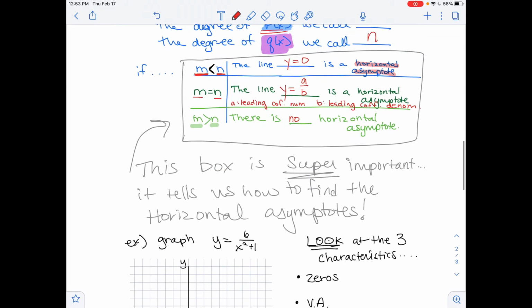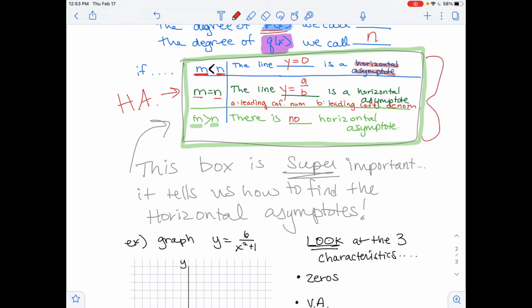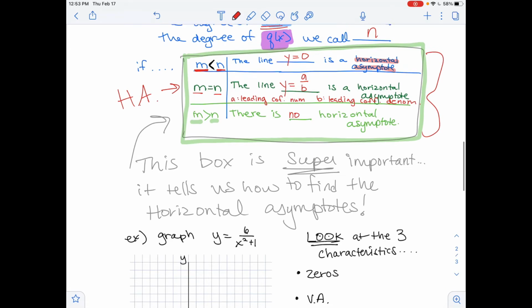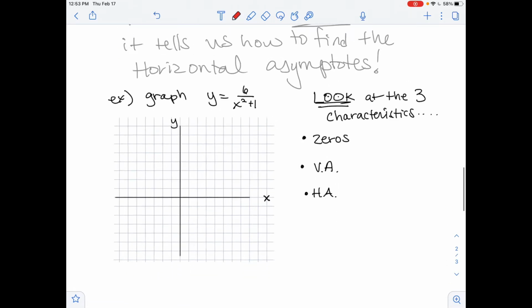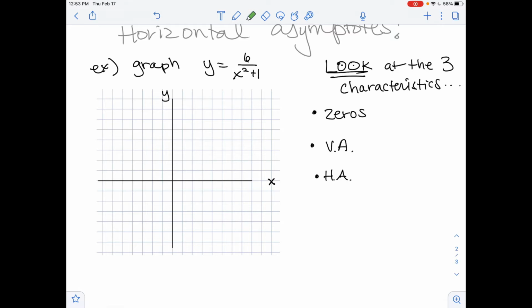Okay? This box is super, super important. You definitely want to have this in your notes. We use this a lot, specifically for horizontal asymptotes. So in order to find the horizontal asymptotes, we need to have this box. Make sure you have that box ready for you to use. So if we were going to graph this rational function, we're going to look at these three characteristics: zeros, vertical asymptotes, and horizontal asymptotes.